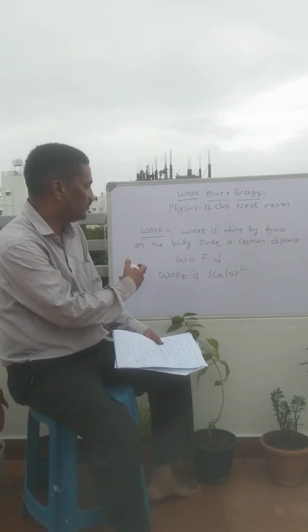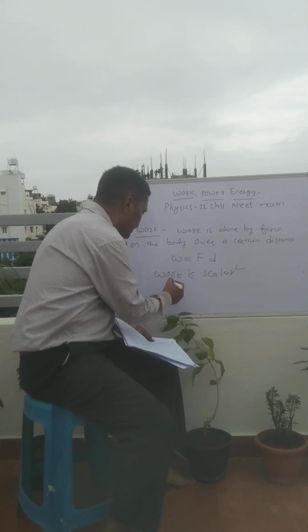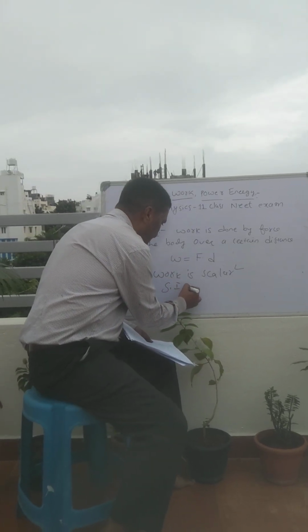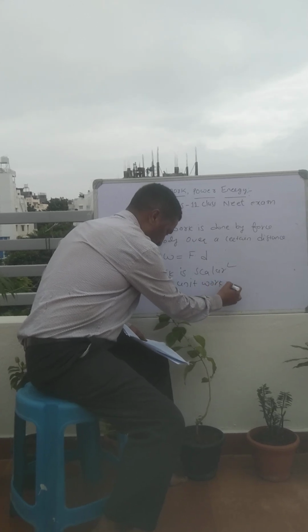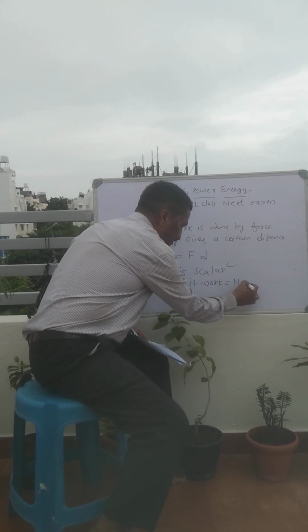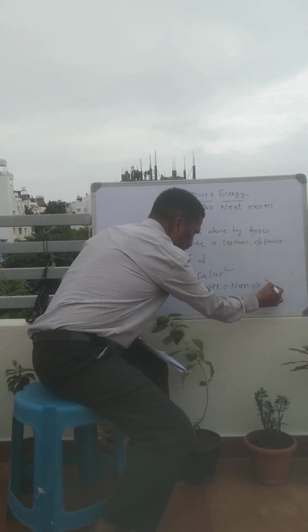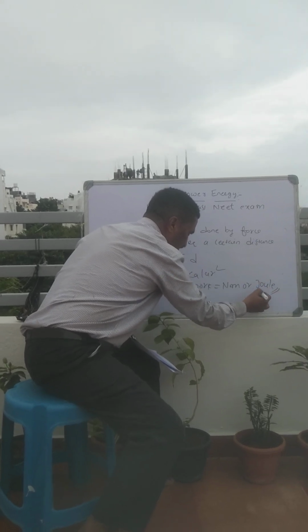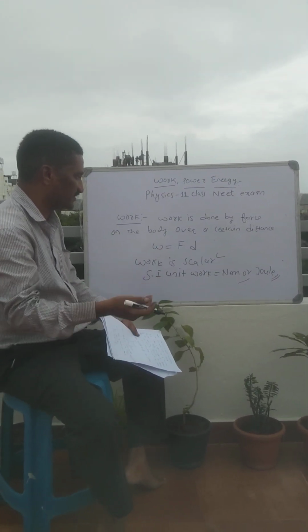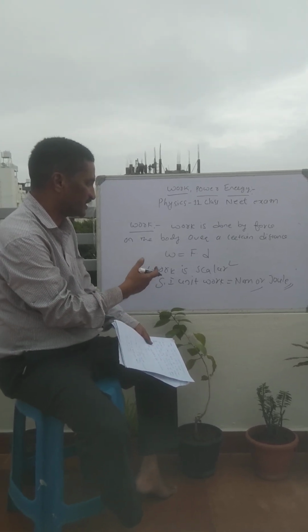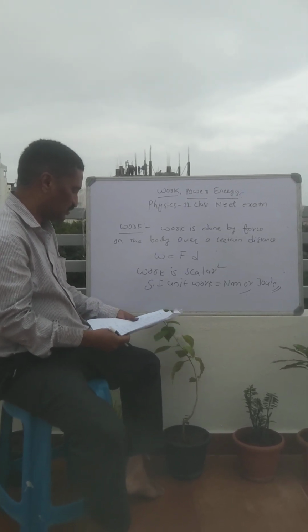So work is a scalar quantity. Now the SI unit of work is important. The SI unit of work is usually Newton meter, or joule. The CGS system is different, the MKS system is different. So the SI unit of work is taken as Newton meter or the joule.